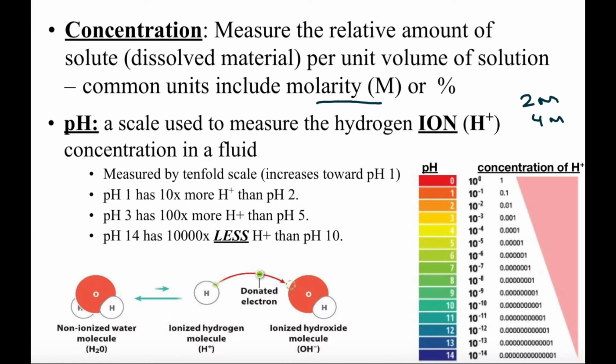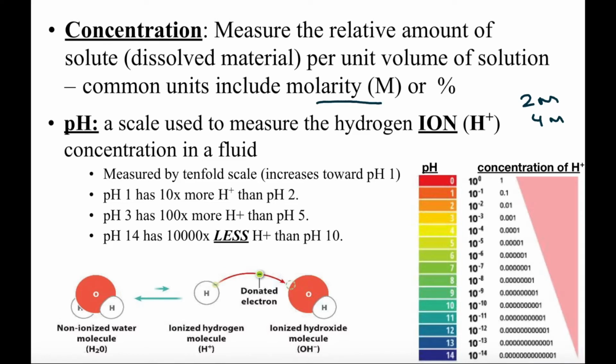Now, pH is the measurement of the concentration of the H plus ion in terms of its molarity. I'm not really going to go into molarity, just trust me. If there's a really small number compared to a bigger number, then that smaller number has way less H plus or hydrogen ion than the bigger number. That's all you really need to know.